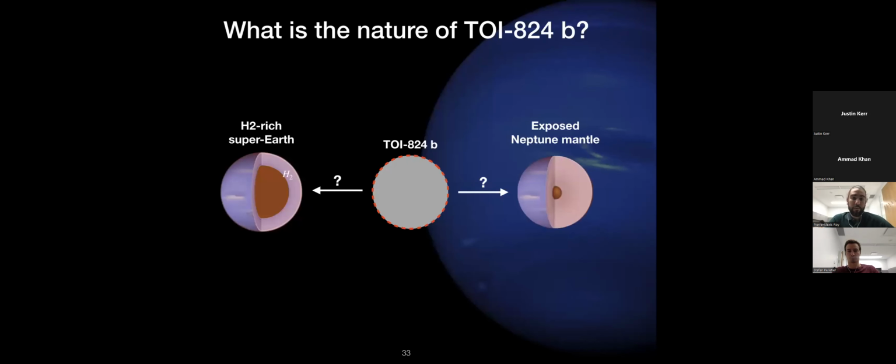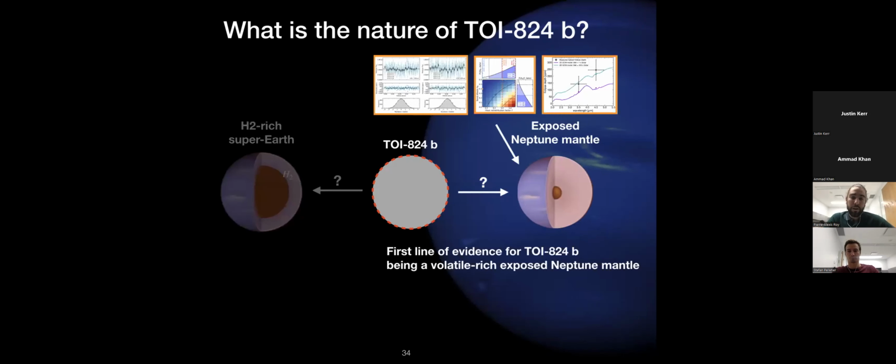So when we go back to our initial question, what's the nature of TOI-24b? Well, for now, these first few observations seem to be a first sign of evidence for TOI-24b being this volatile-rich exposed Neptune mantle with much less hydrogen than we usually think when we think about sub-Neptunes.